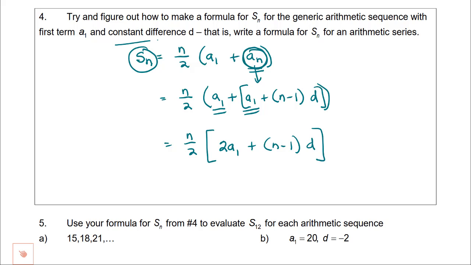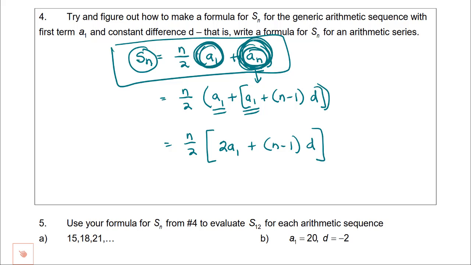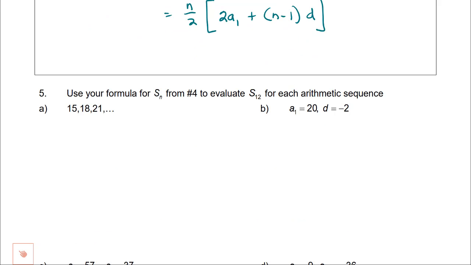Now this is a nice formula if I know the first term, last term, and the number of terms, like I did in the previous example. But if I look at these questions below, look at dot, dot, dot.